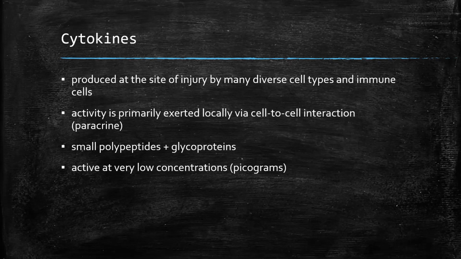Cytokines in general work in the local environment. However, there is some overlap, and in a very injured patient, there can be a lot of cytokine release. And so some cytokines, like interleukin-1, clearly have hormonal effects too, because there are interleukin-1 receptors in the hypothalamus, for instance. So the system isn't exactly cut and dry here.